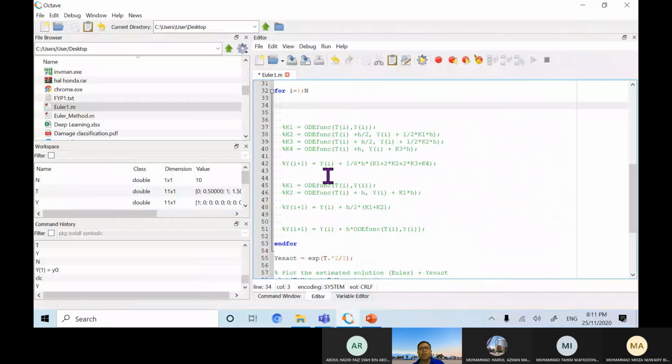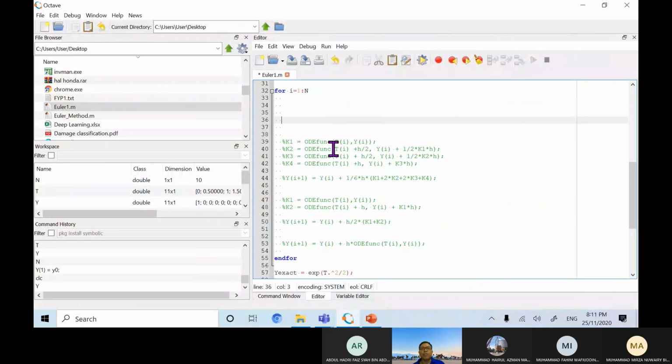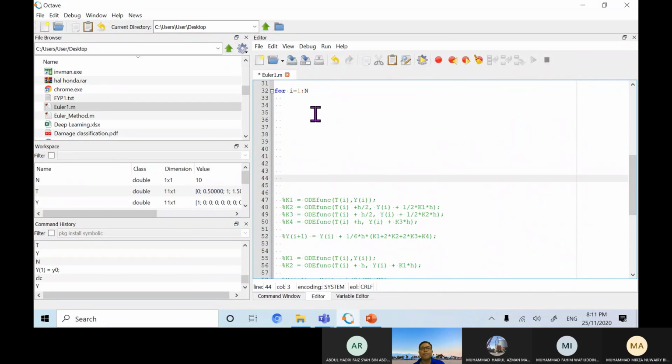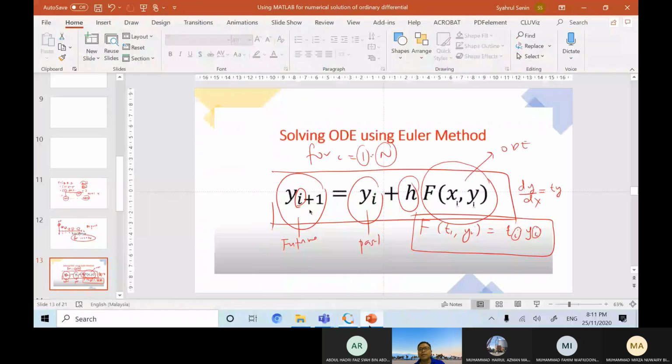Okay. So saya masukkan kod dia dekat atas ni je. So yang bawah ni semua abaikan warna hijau tu. So you will start to get your yi plus 1, okay, is equal to yi plus h. Apa yang ada dalam equation saya salin, plus h darab dengan satu function.